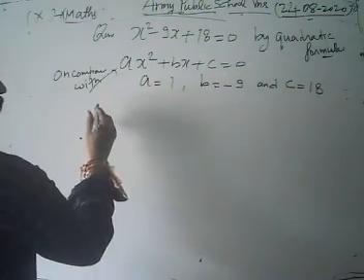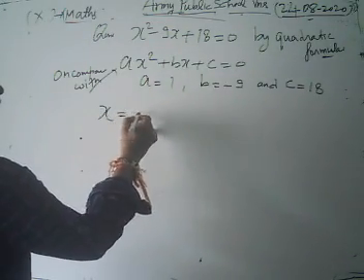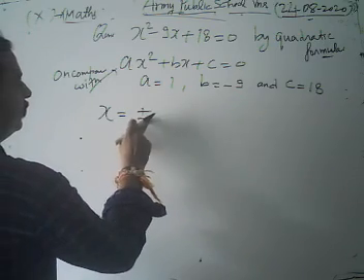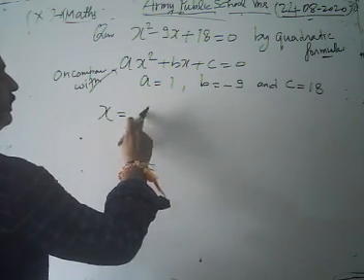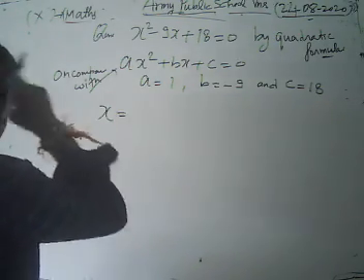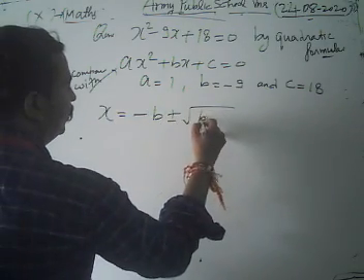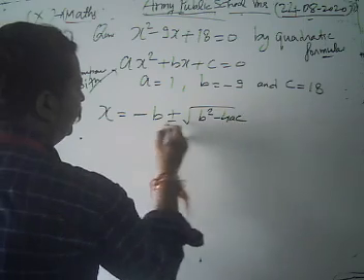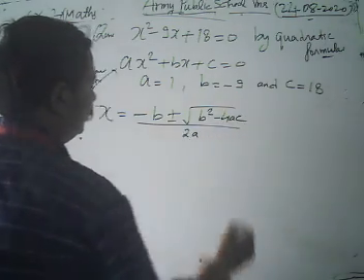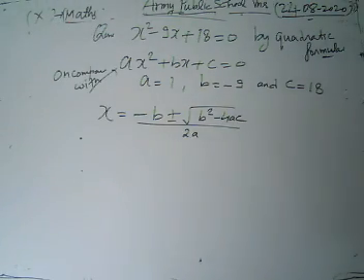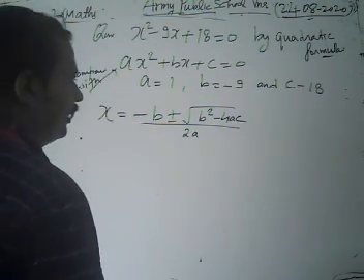Now, what is your quadratic formula? x is equal to minus b plus minus under root b square minus 4ac upon 2a.